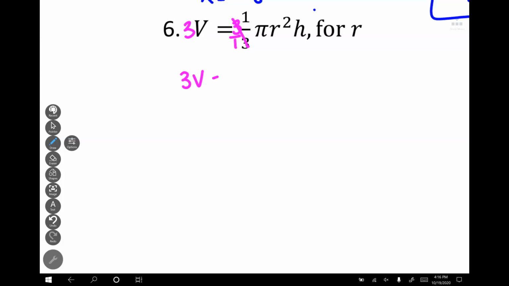So we've got 3v equals pi r squared h. And if I'm solving for r, I need to get rid of the pi and the h. So I'm going to divide by pi h, because right now they're multiplying. The opposite of multiplying is dividing. So to get rid of pi and h, I'm going to divide by pi and h.